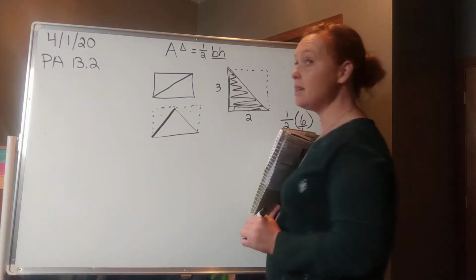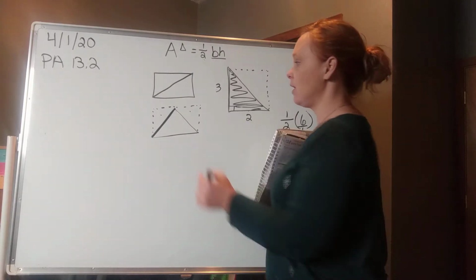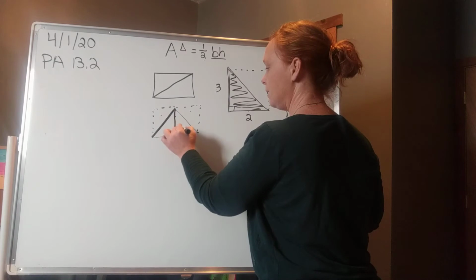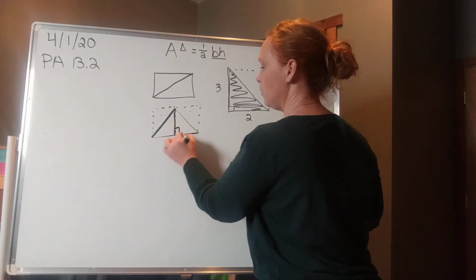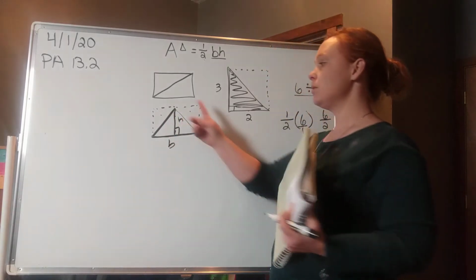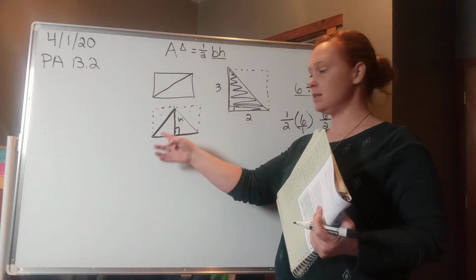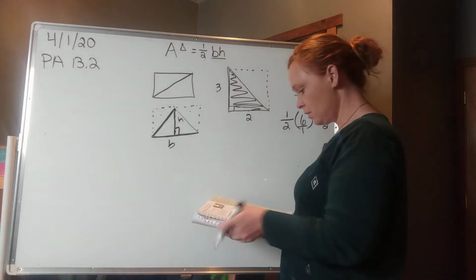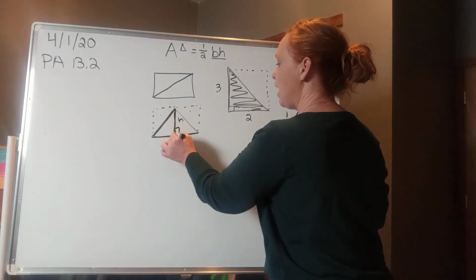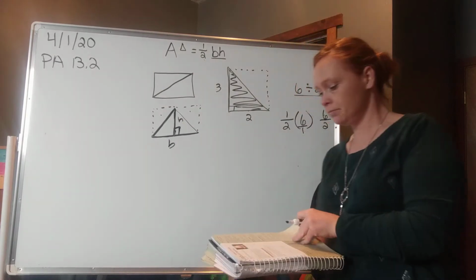Is this a height? No, it's not a height, okay? We want to find the perpendicular line that makes the height. So we want to multiply the entire base times the height. We don't want to be tricked and use this slant as the height. Okay, so it's really important that we find the actual height of the triangle.